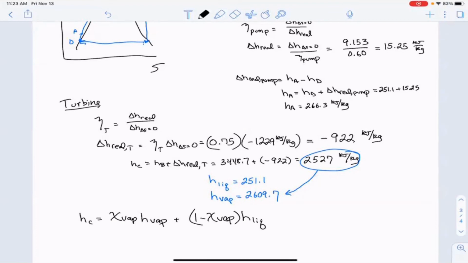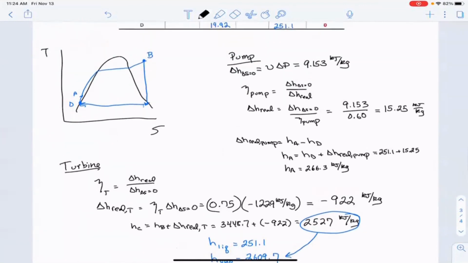And so we could do the same thing that we've done before, where we reorganize this, and that fraction is just the enthalpy at C minus the enthalpy of the liquid, over the enthalpy of the vapor minus the enthalpy of the liquid. And you plug all of those in, and the quality in this particular problem is equal to 0.96. So 96% of the water coming out of the turbine is in the vapor phase, okay?